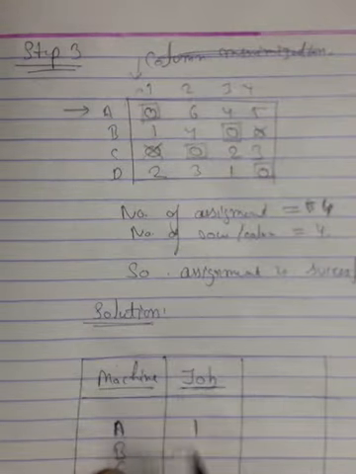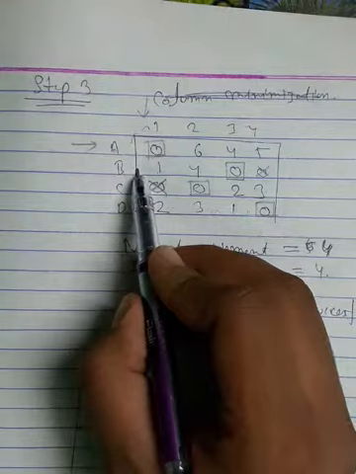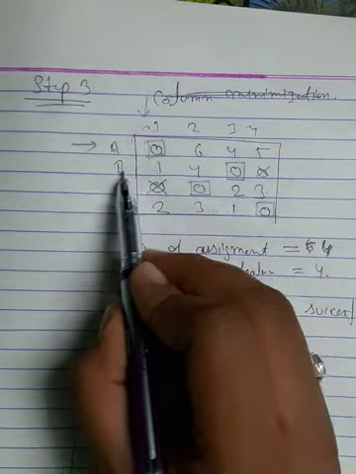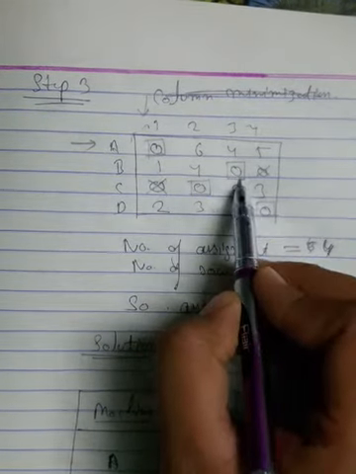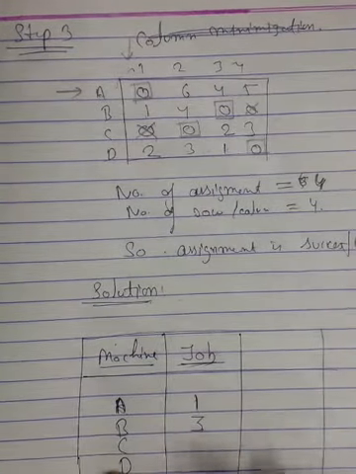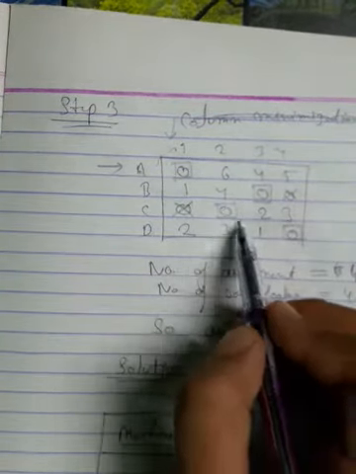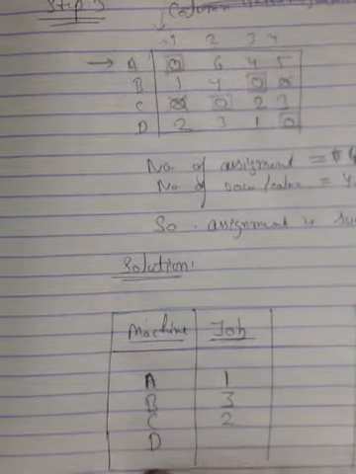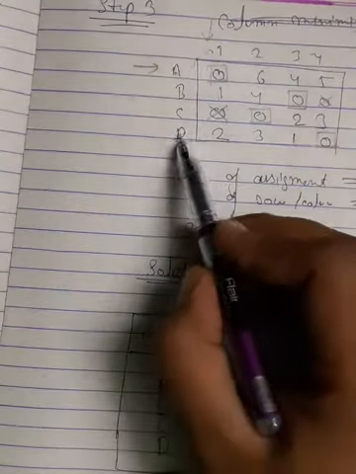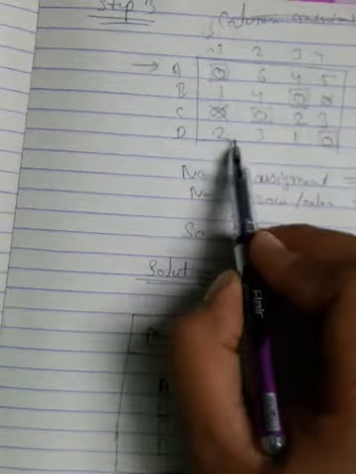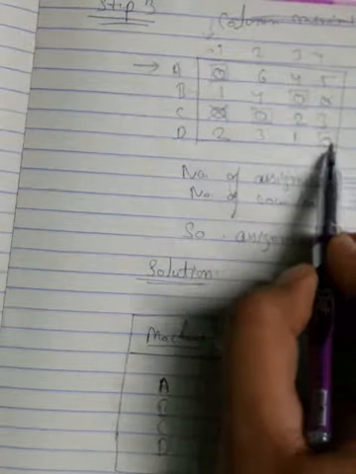For the second machine you have the third column assignment, so you write 3. For the third machine you have the assignment in the second column, so you write 2. For the fourth machine you have the assignment in the fourth column, so you write 4.